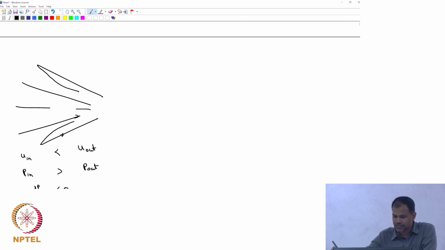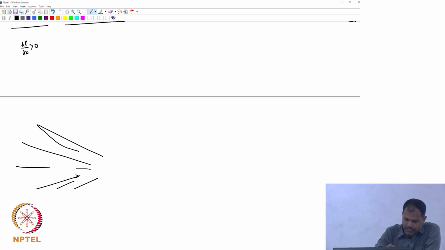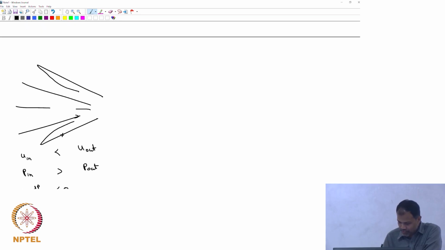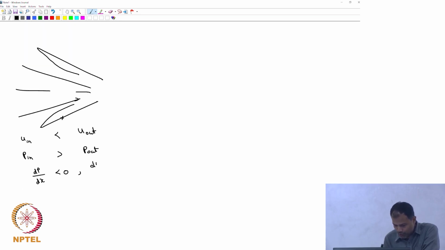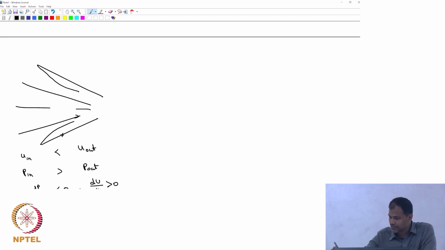So I'm again making a mistake. dp by dx less than 0 is the first situation that we will look at, which also would mean du by dx, so u is increasing with x. Du by dx is greater than 0.